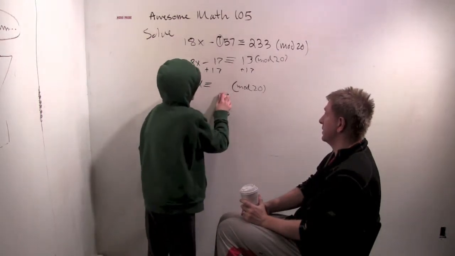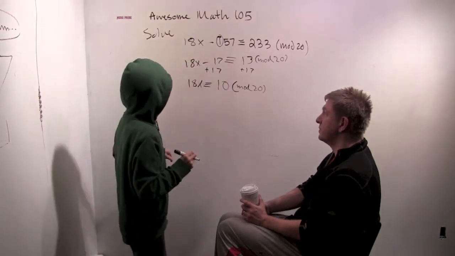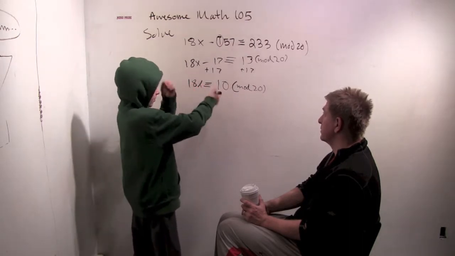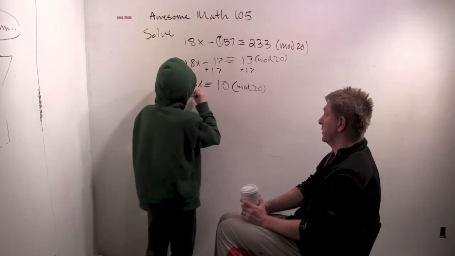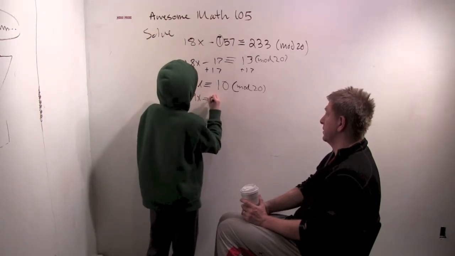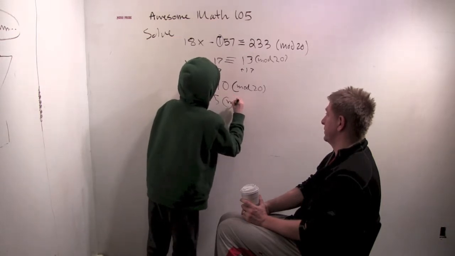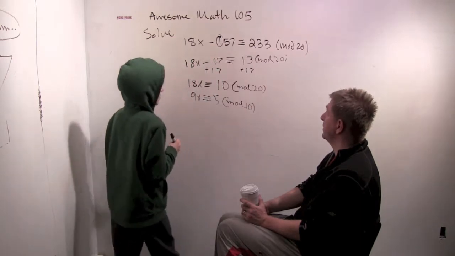Then we can use that rule that we can take out a 2 from everything if everything has a 2 in it. So this becomes 9x is equal to 5 mod 10.